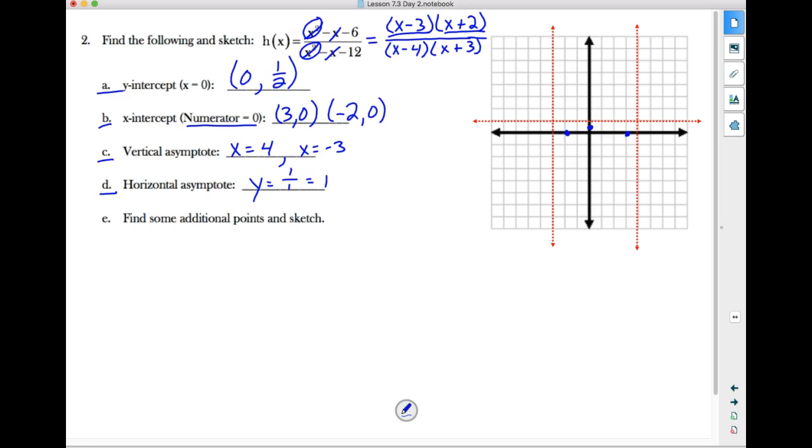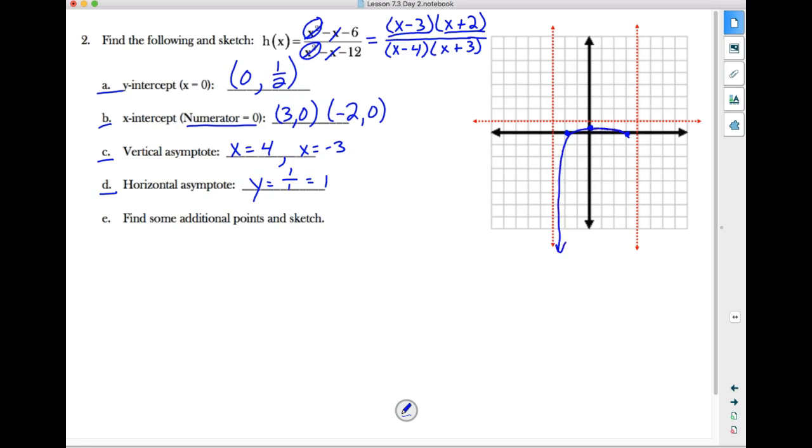And as I pick points closer to my vertical asymptotes, I do know that the behavior of my graph is either going to go straight up or it's going to go straight down. So this whole middle section, I can only cross the x-axis in these 2 places where these 2 dots are, so I know this one's going to kind of come down and follow my asymptote.